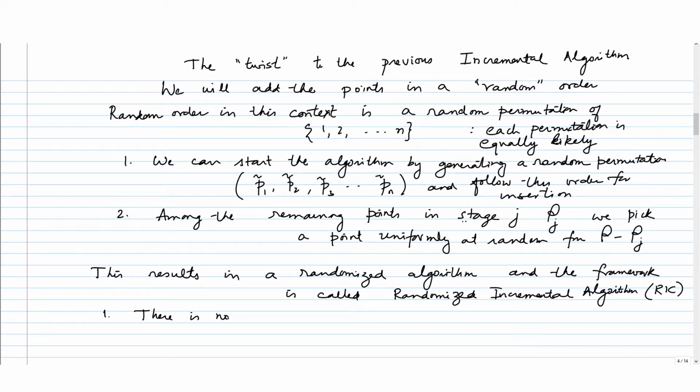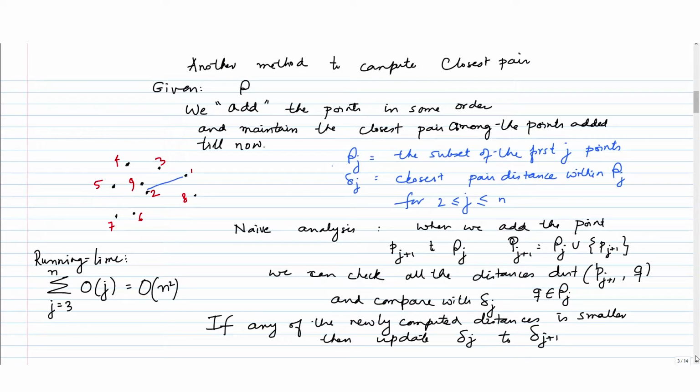Right now I am saying that I am going to pick the next point and find out whether it will change the closest pair distance with the points that have been added so far. I have not changed anything, so it is again the previous algorithm. I am adding the points, but now this order 1, 2, 3, 4 is a random order. It is not an arbitrary order, but a random order. There is a difference. Arbitrary order means whatever order you give is okay. But I am insisting that it is not whatever order you give me. I am going to use the random number generator to generate that permutation.